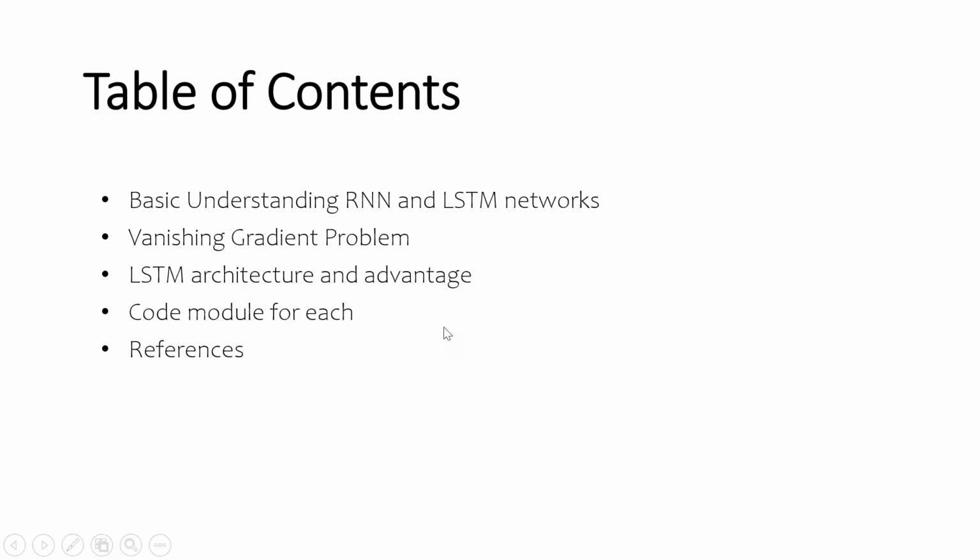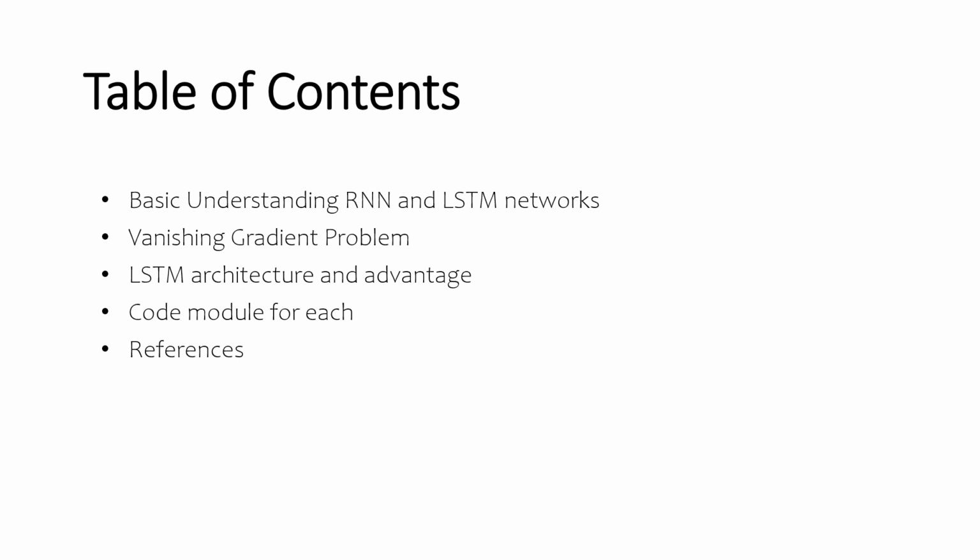If we try to understand what exactly these models are, let's go by the topics I'm going to discuss in this session. The table of contents would be a basic understanding of RNN and LSTM networks.